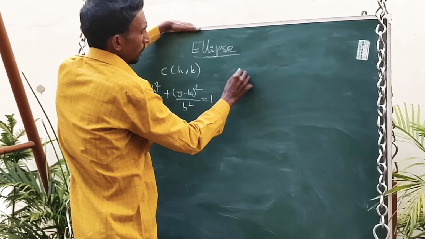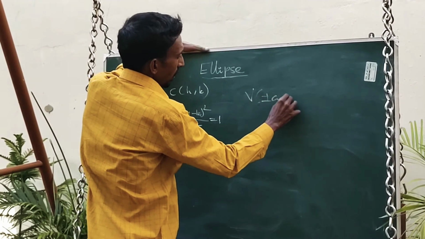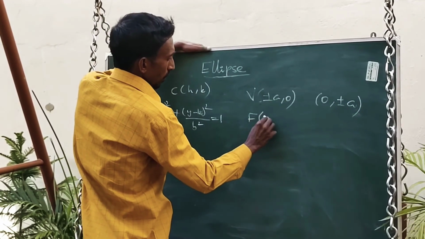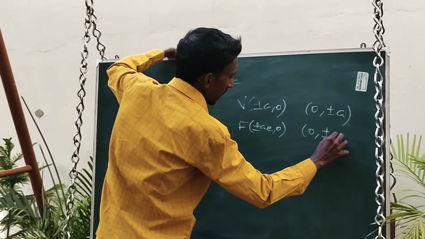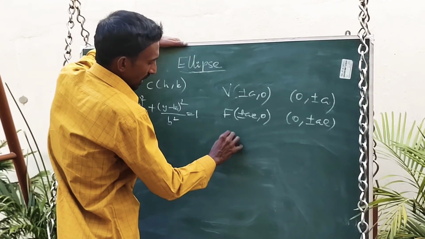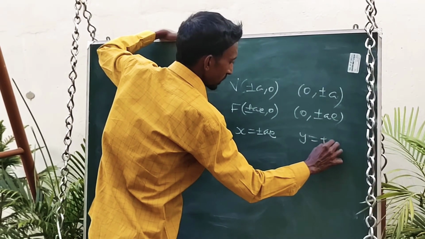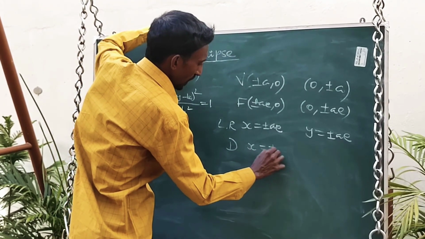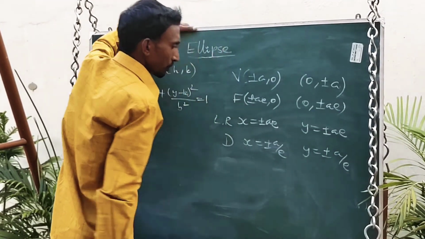Just remember the vertices: plus or minus a comma 0 or 0 comma plus or minus a; foci: plus or minus ae comma 0 or 0 comma plus or minus ae; and the equation of latus rectum: x equal to plus or minus ae or y equal to plus or minus ae; and the equations of directrices: x equal to plus or minus a by e or y equal to plus or minus a by e.